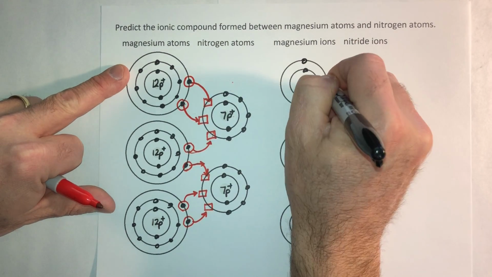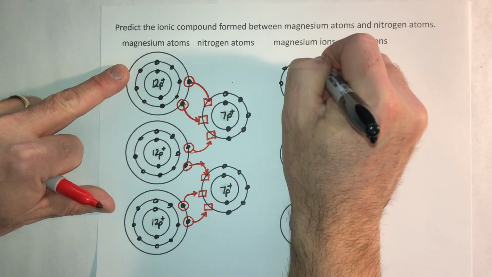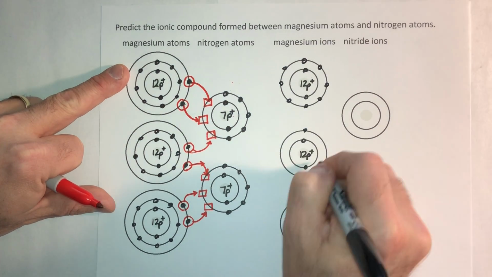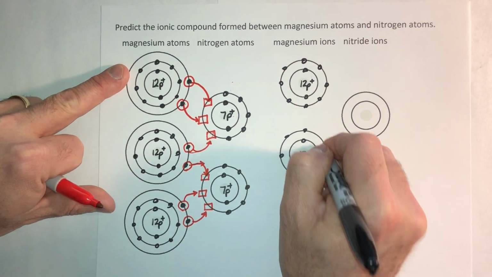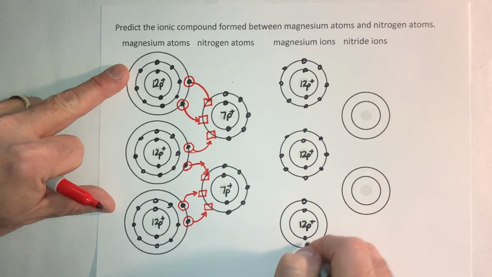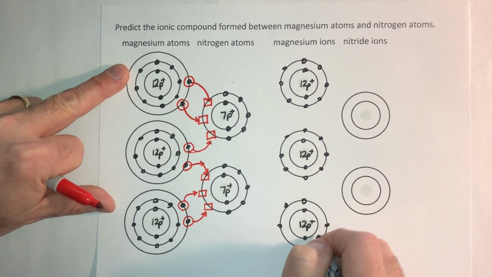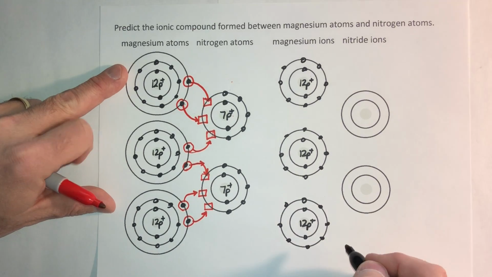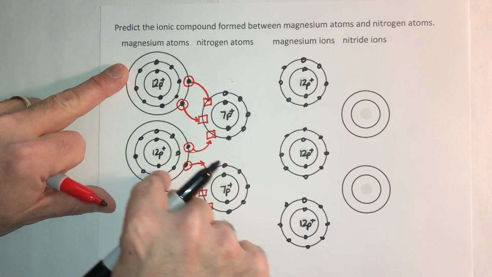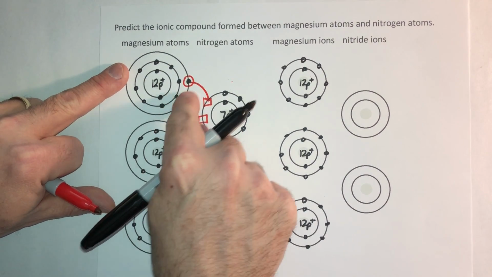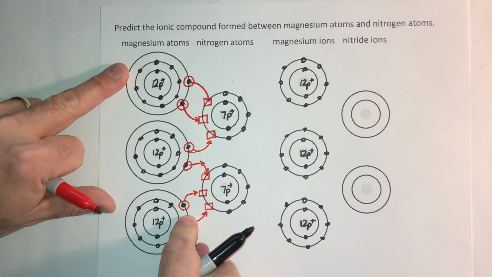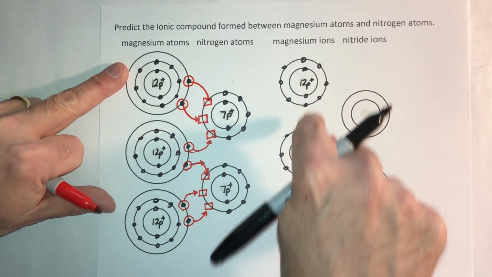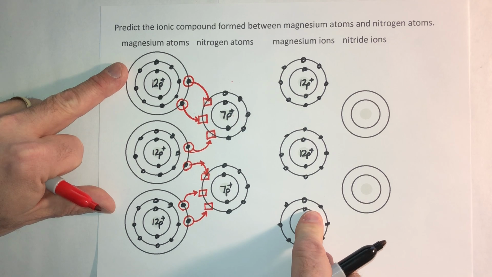So 1, 2, 3, 4, 5, 6, 7, 8. They all had a third ring with 2 valence electrons, but we've given those 2 electrons away. So I don't need the third ring because the third ring is empty.